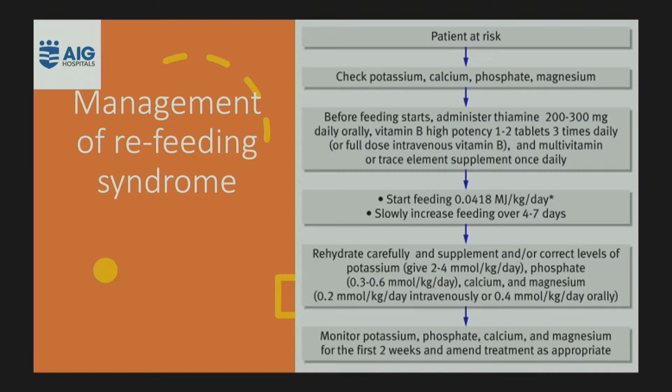We start feeding very slowly and increase it progressively based on their tolerance levels. We rehydrate them carefully, and we supplement potassium, phosphate, calcium, and magnesium as per the biochemical markers. We closely monitor them for the first 2 weeks and then modify the treatment as appropriate.